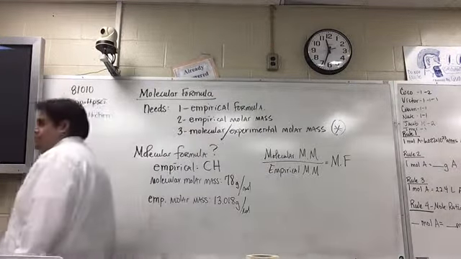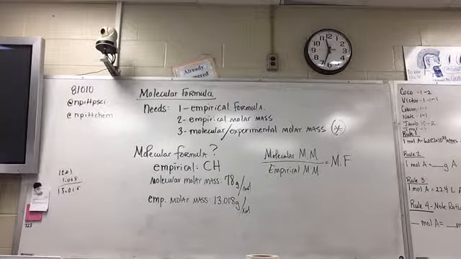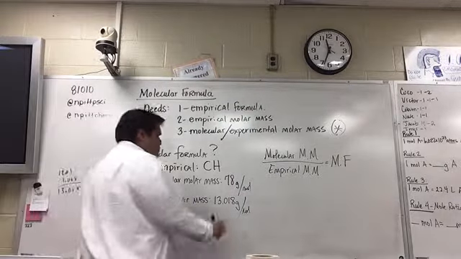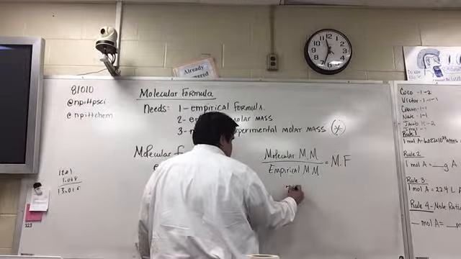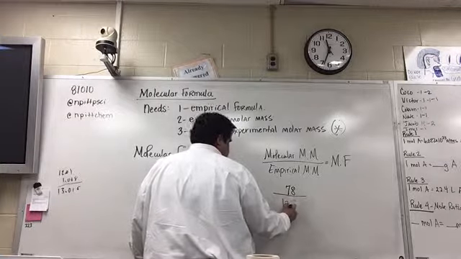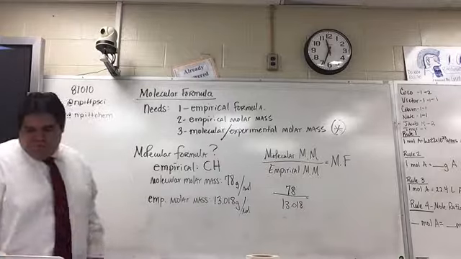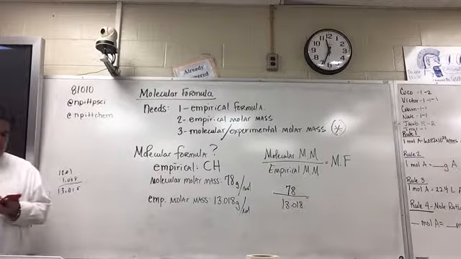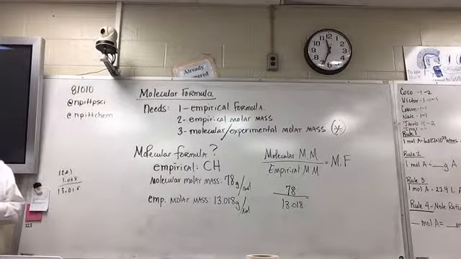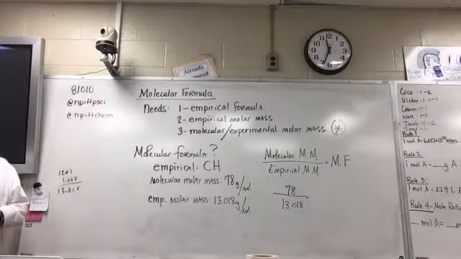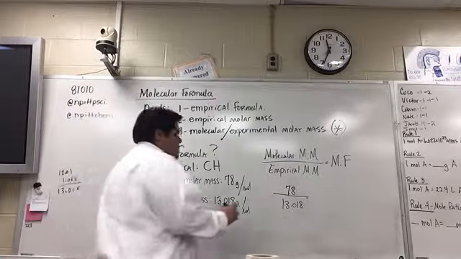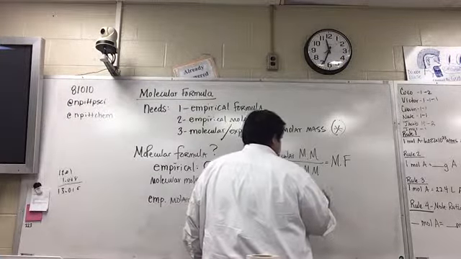Some of y'all might consider the MF something else, but in my case, I'm considering it the multiplying factor. So when I do that, I get 78 divided by 13.018, and I get the number 5.99.